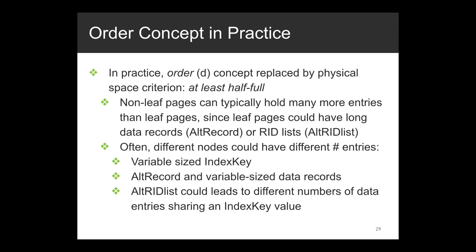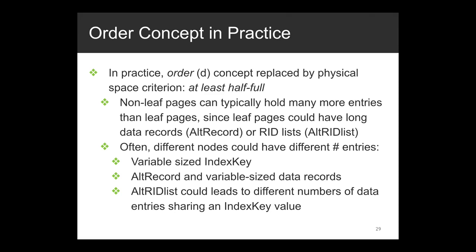You can index on a fixed length domain like integer, floating point or characters, but you could also index on variable length characters, varchar, or strings like text columns, in which case your index key could be arbitrarily long. It could be 100 bytes or it could be 2 bytes. Because these index keys are of variable length, there is no uniform way to compare the order concept across non-leaf pages, and therefore you only go with the physical criterion, which is that half the bytes are valid on the page, the rest are free.